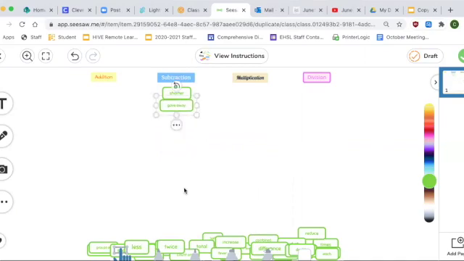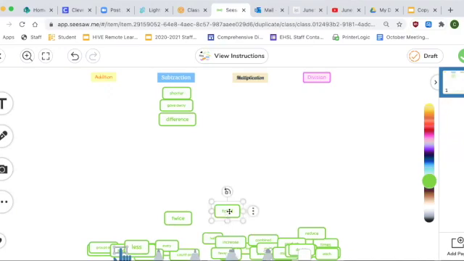It's not there. Difference. Oh, difference. The difference between two things is subtraction. Total. Oh, we worked on this yesterday. Total is addition.